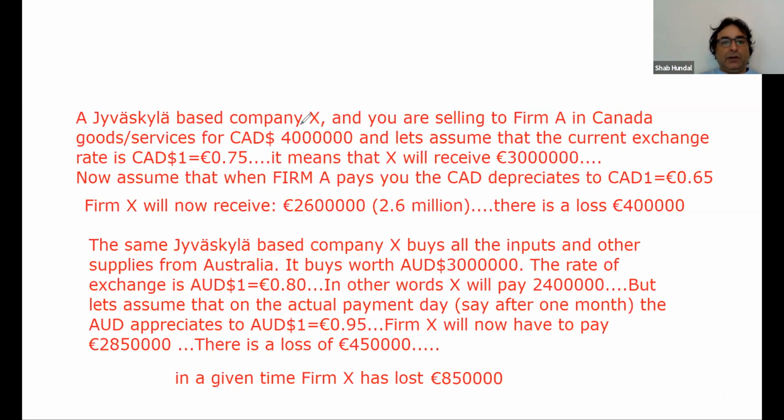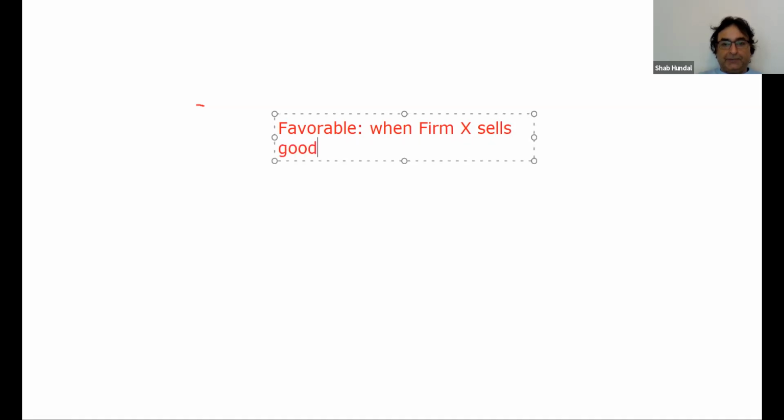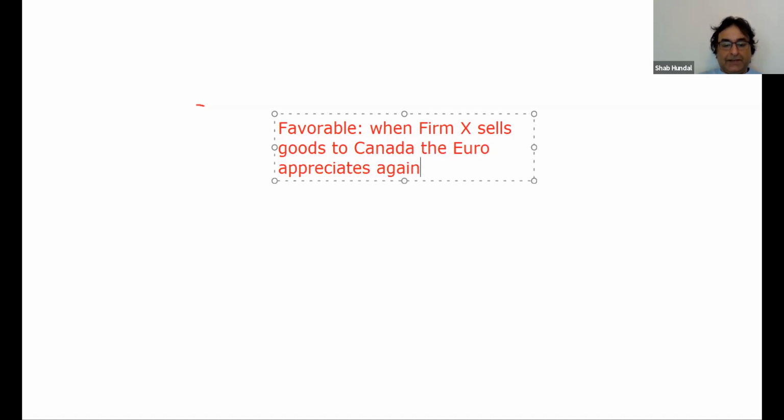So for example, if I draw a matrix, the favorable situation can be when firm X sells goods to Canada, the euro appreciates against the Canadian dollar.